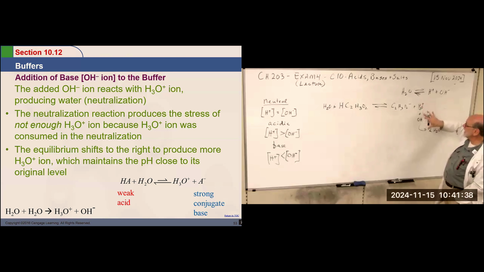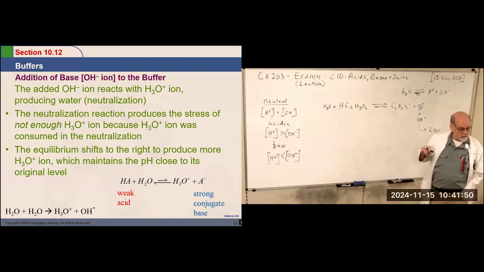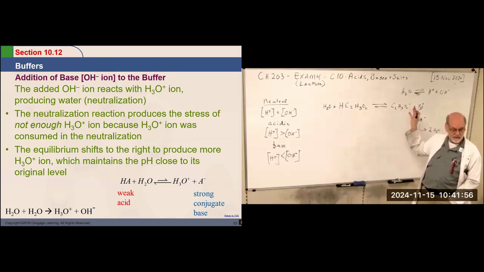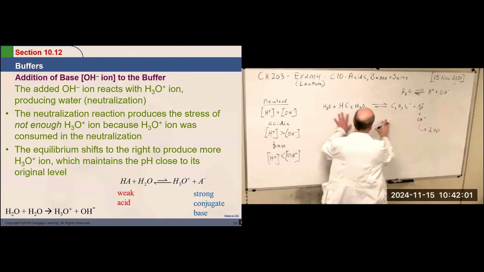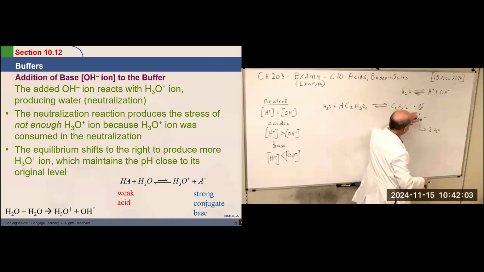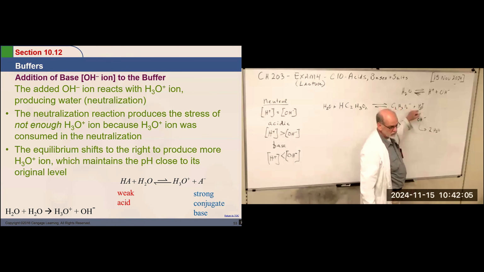Okay, if you remove that from this solution and it's in equilibrium, I'm going to give you a taste of Le Chatelier's principle before we get to it. When you remove this one, the equilibrium will shift to the right to replace some of those hydroniums so that we get a balance again. So when it does that, what does it do? Well, it replaces some, but not all.